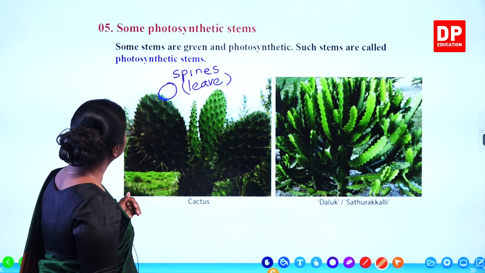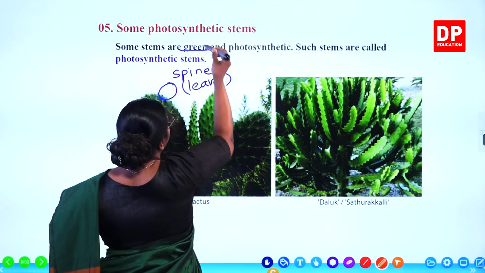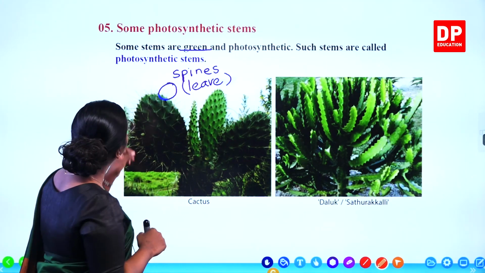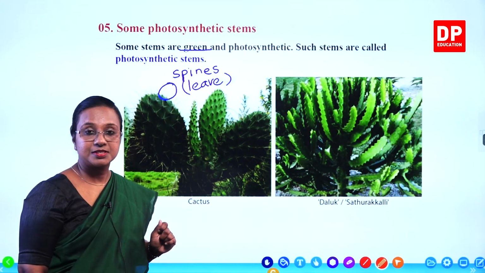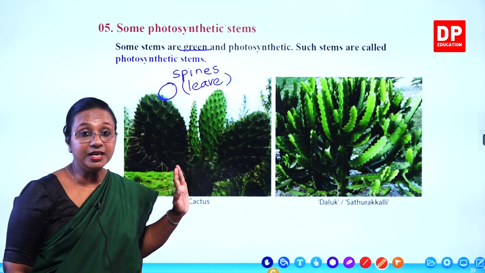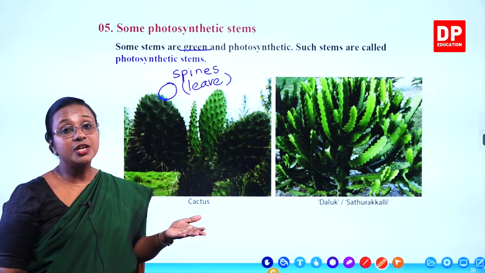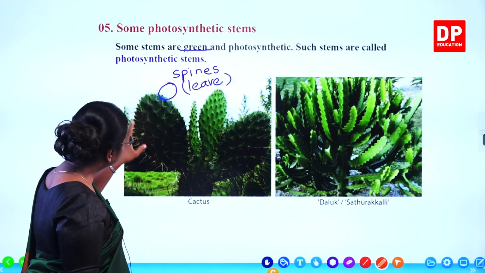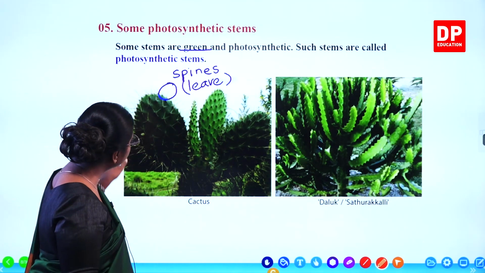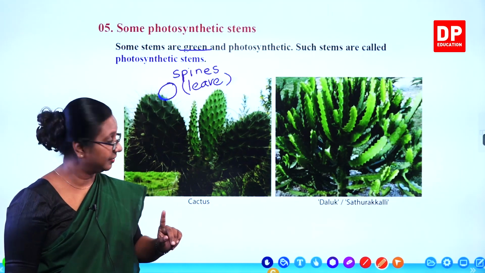So some stems are green and photosynthetic. Such stems are called photosynthetic stems. The reason is the leaves have become spines. Why? Because they need to reduce transpiration. So the stem takes up the function of photosynthesis. So one example is cactus.